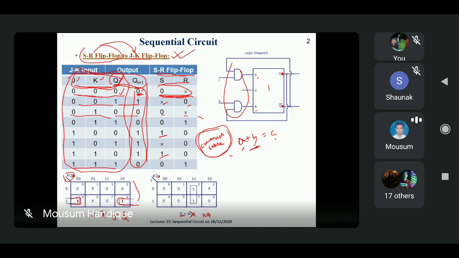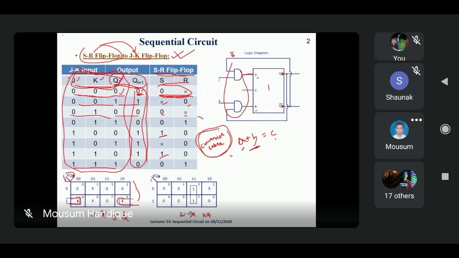This particular line is carrying the signal Q bar, and this one is J. This input is fed as S, because from the K-map we are getting J dot Q bar, so it is connected to S. Now R means what?